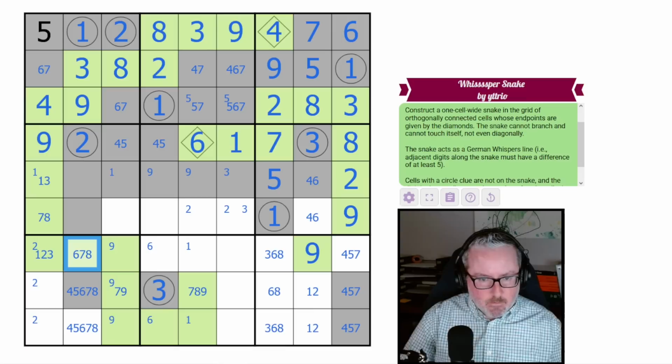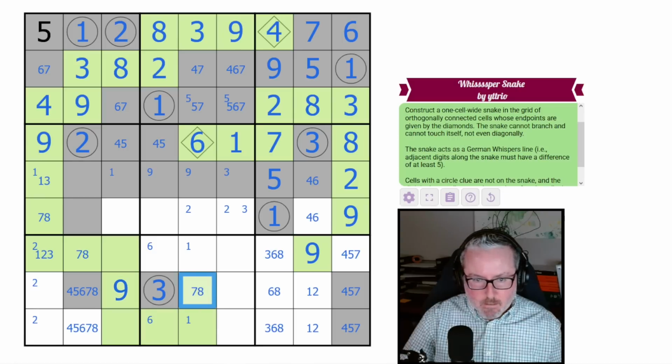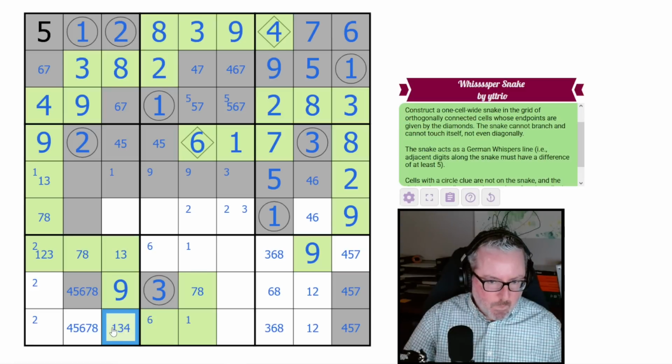This can't be 4, 5, or 6. These are now not 9s, so this is not 9. These must be low digits, 1, 2, 3. Neither one is 2. This can't be 4. This one could still be 4. Okay.